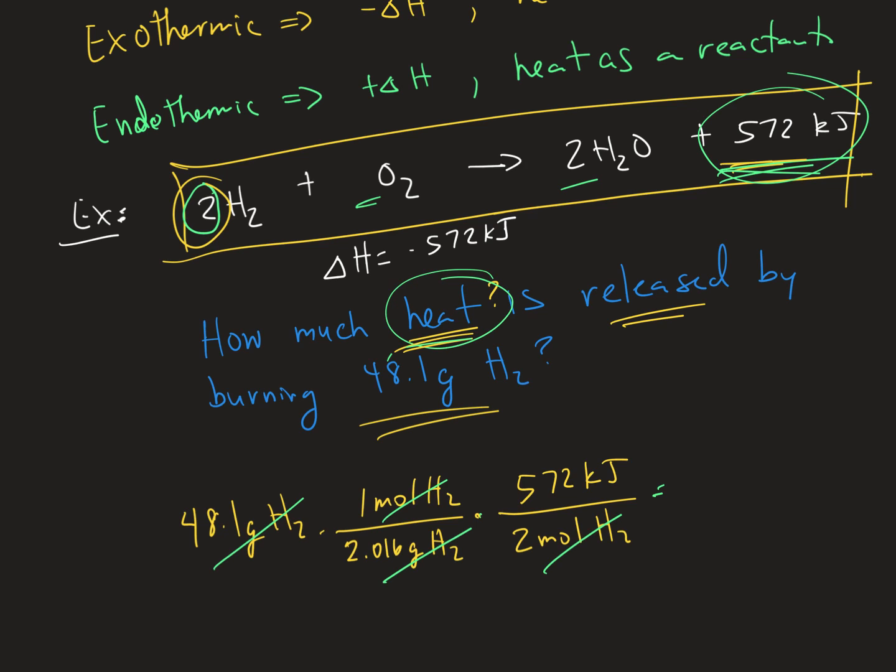So we do 48.1, divide 2.016, multiply 572, divide 2, and we get 6,824 kilojoules released. Released. Okay?